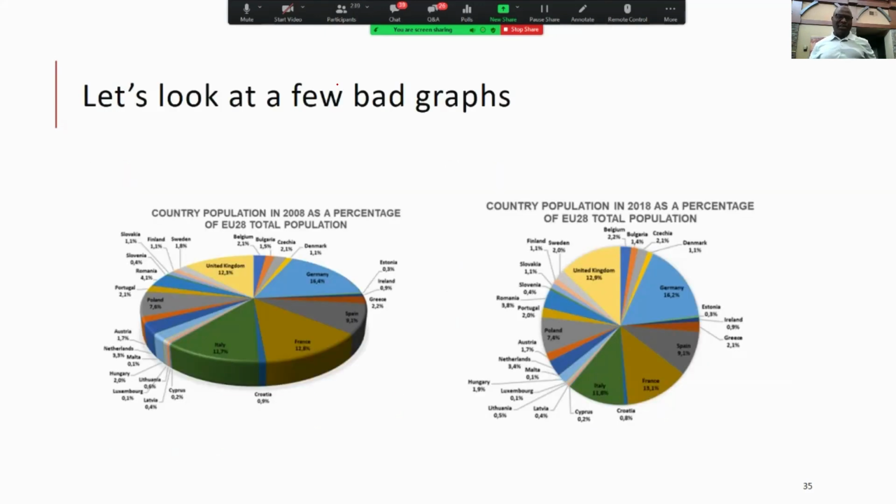Now here we go. These are the typical pie charts that you find in things like annual reports of some corporate organizations. Now, if you just look at this, there's no way this pie chart, just at a glance, conveys any real information.